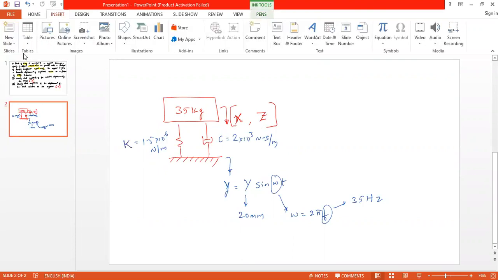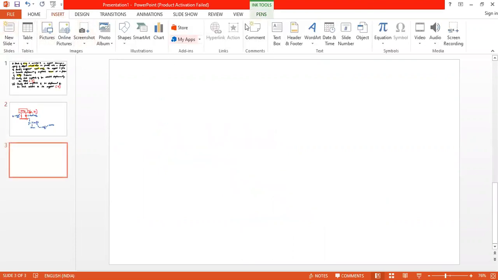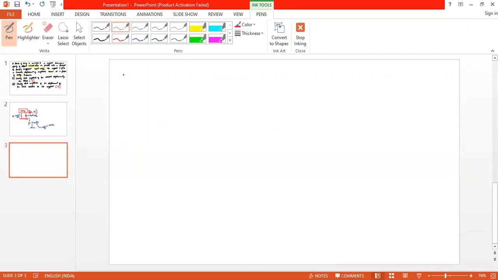So now, the absolute displacement of the block, for question number 1, is given by X by Y, where X is the displacement of the block and Y is the displacement of the support.